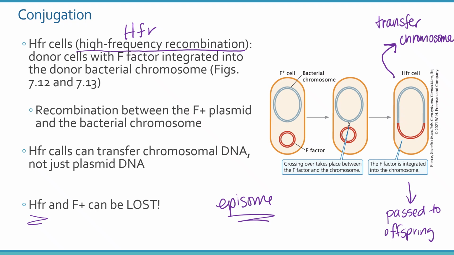So an HFR fragment could be lost that way, or it could simply not be maintained. If the F factor on a plasmid is not located with some advantageous genes, then that little plasmid might be lost. And that's true for any plasmid, not just one with a fertility factor.